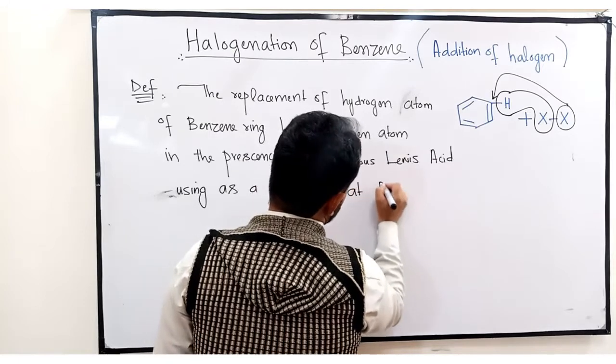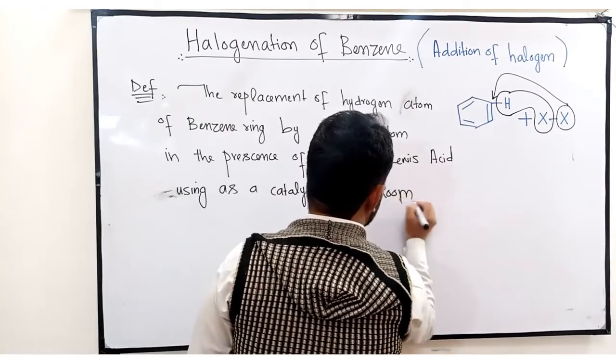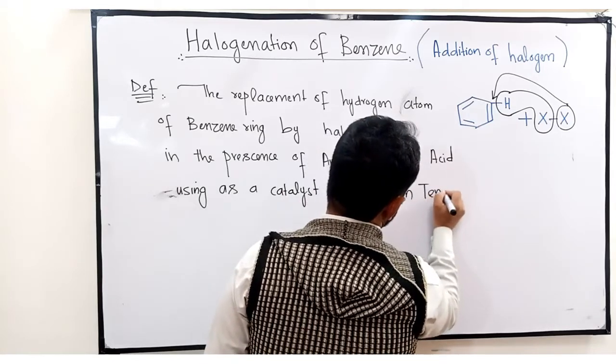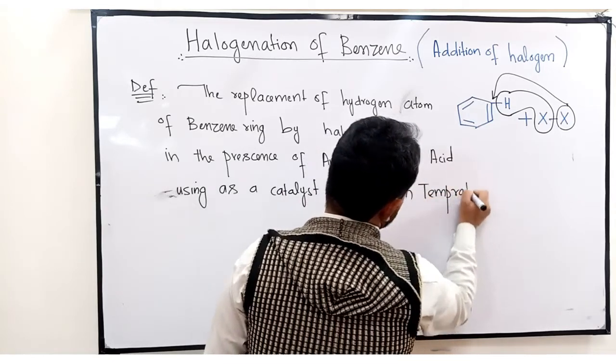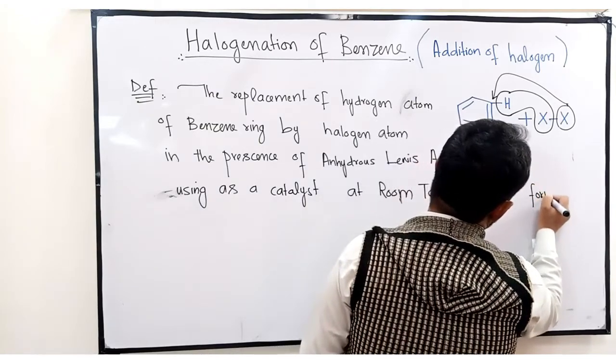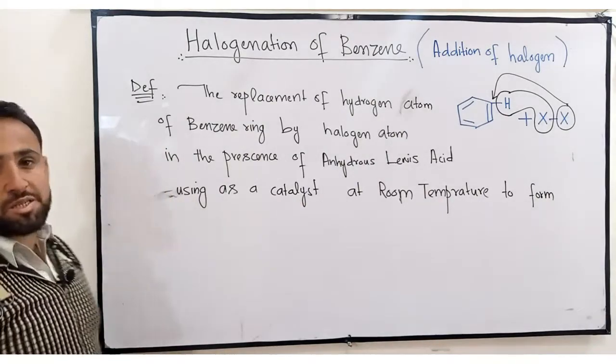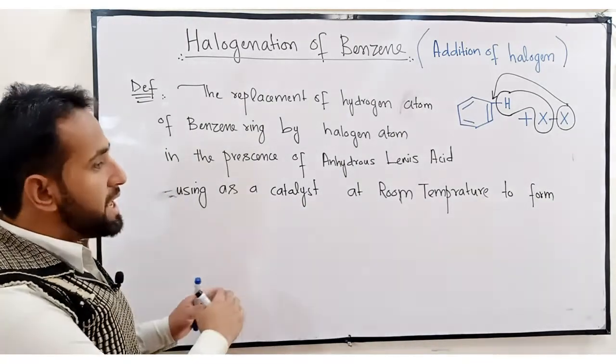At room temperature, that is RT, room temperature. What will be the final product formed during the process of halogenation? That is halobenzene, which we will explain.